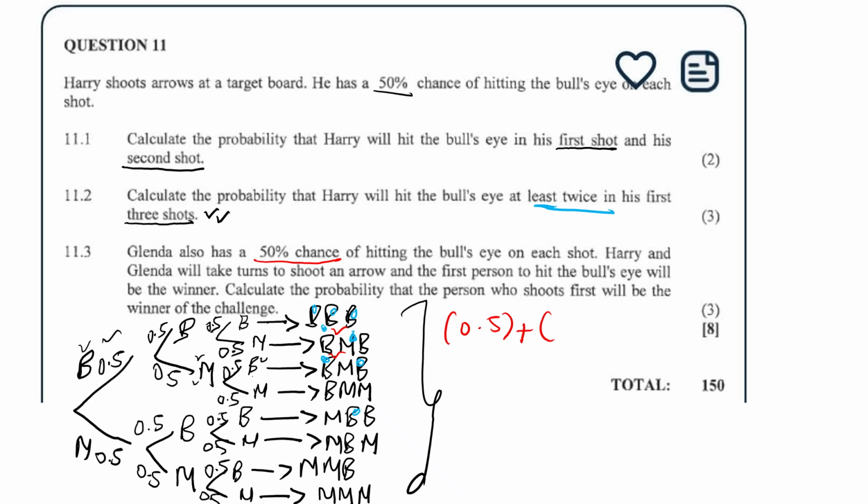Okay, so this 11.3 is very tricky, but for you to understand it better, let's think of this in rounds. For round one, let's say Harry will shoot first. Therefore the probability for Harry to win immediately in round one is 0.5, right?